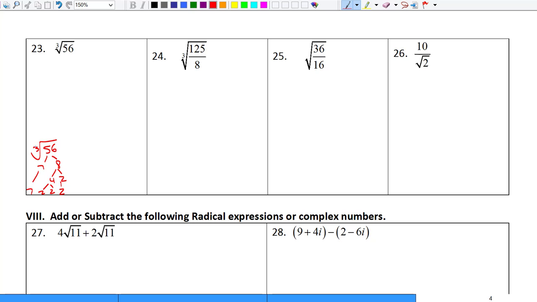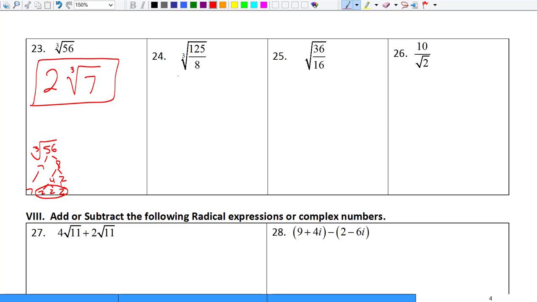Because I'm looking for a group of 3, the group of three 2's comes out, and the 7 stays home. One common mistake is students will drop that little cube root, and then it's wrong. 2 square root of 7 isn't the same answer as 2 cube root of 7. So make sure you bring down the cube root. If the problem starts off as a cube root, and you have a root left in it, it needs to be a cube root.